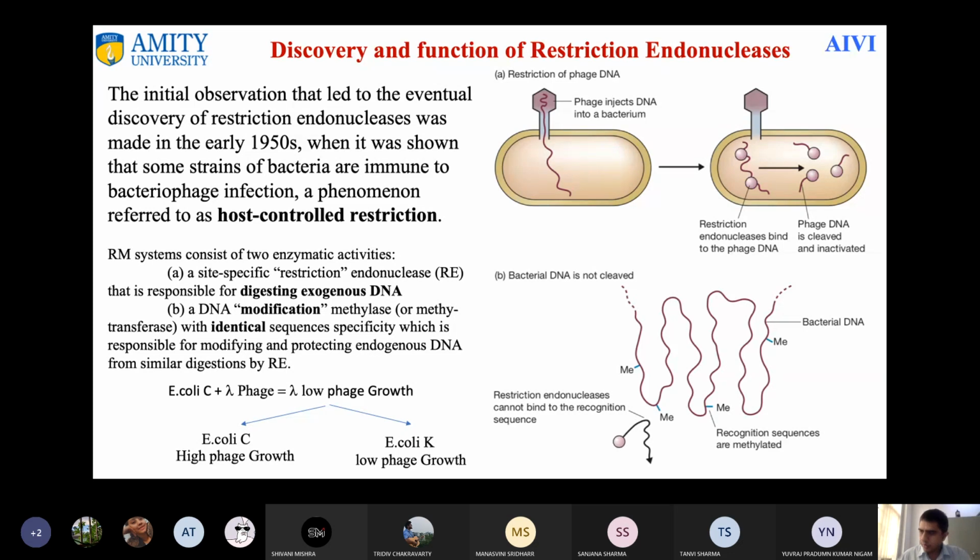Restriction endonucleases only cleave sites which are not methylated. If the recognition site is methylated, then it won't cleave.